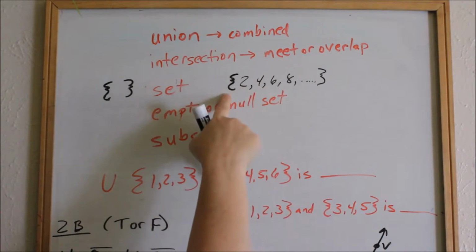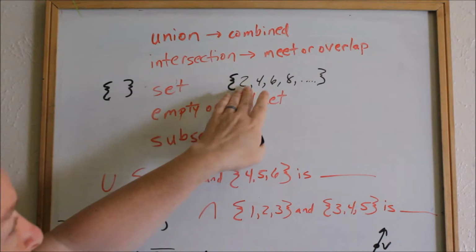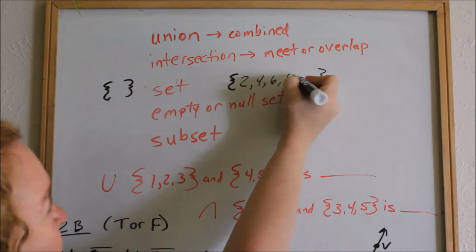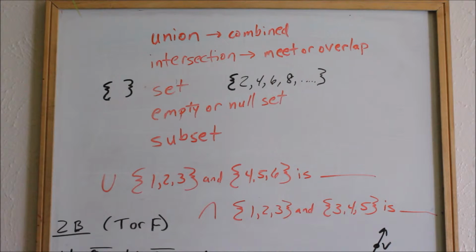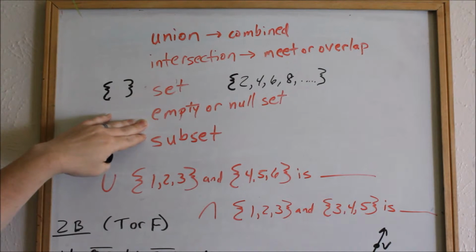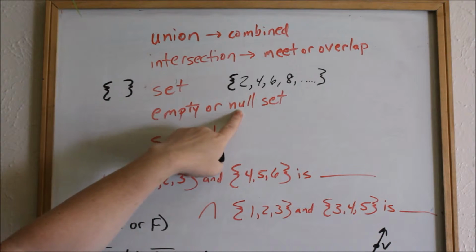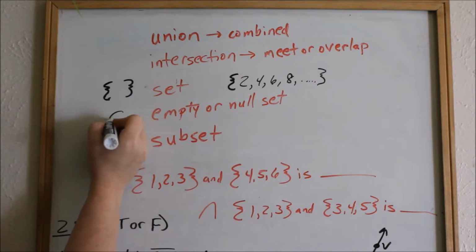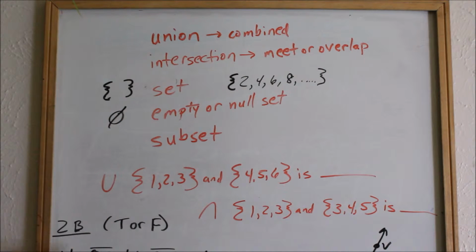So these symbols mean I have a set of something, and whatever is in there, that is my set. When there's an empty or null set, meaning there's nothing there, there's no answer. Null also means nothing. The symbol for that is like a 0 with a slash through it, empty or null set.